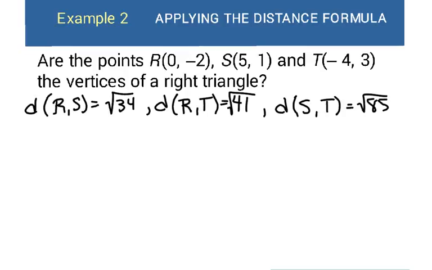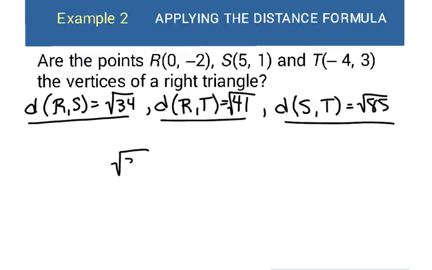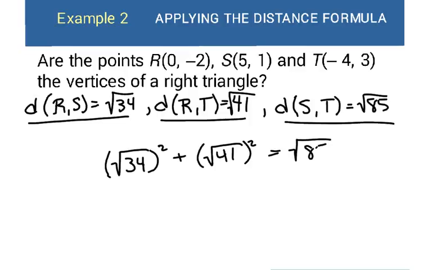Now, applying the Pythagorean theorem, I'm going to say this squared plus this squared equals that squared. Which I can tell 34 plus 41 does not equal 85.